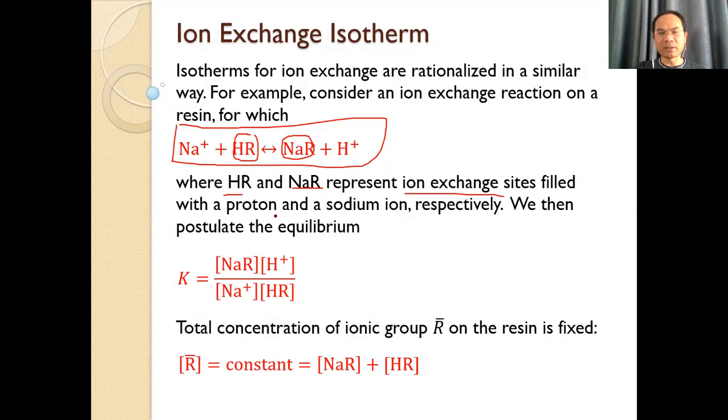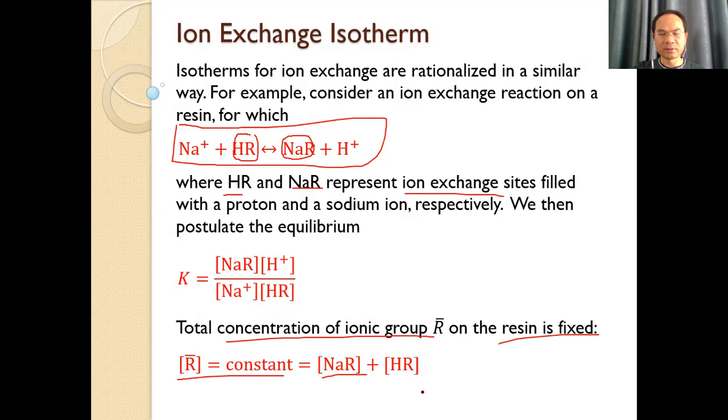you can calculate the equilibrium constant. K is the concentration of NaR times hydrogen divided by sodium ion and HR. We can calculate the total concentration of ionic groups on the resin, which is fixed and constant, equal to the concentration of sodium adsorbed on the surface of the resin plus hydrogen on the resin.